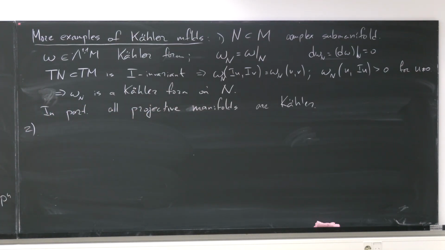So then there were several other constructions of complex manifolds, and under most of those constructions, the property of being Kähler is preserved.